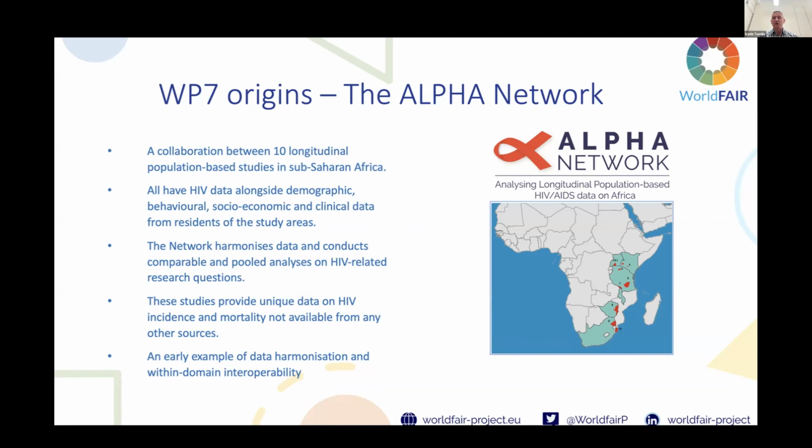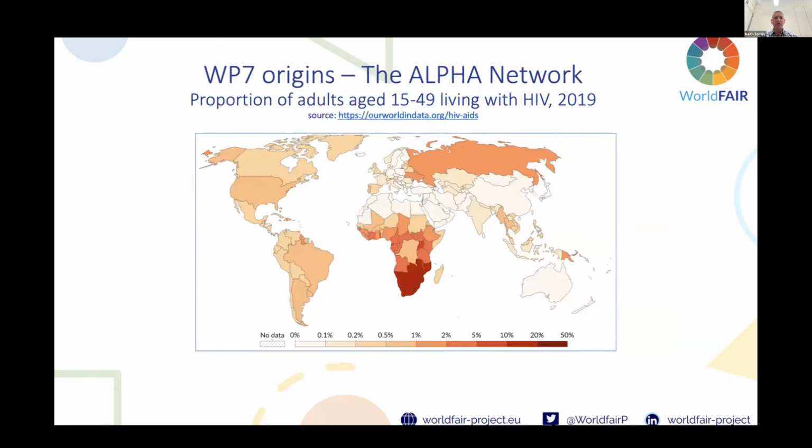Alpha was focused on Southern and Eastern Africa. And if we look at this map of HIV prevalence, we can see why. This is a relatively recent measurement, but this has been an accurate picture for many years now of the prevalence of HIV throughout the world. And we can see that Southern and Eastern Africa have amongst the highest prevalences in the world.